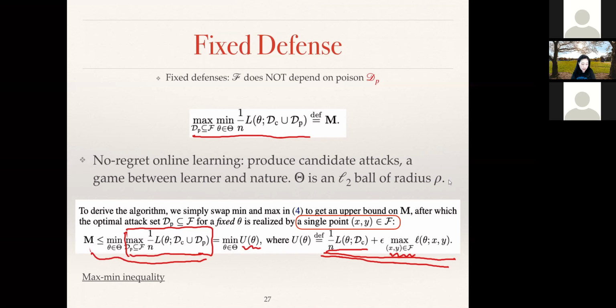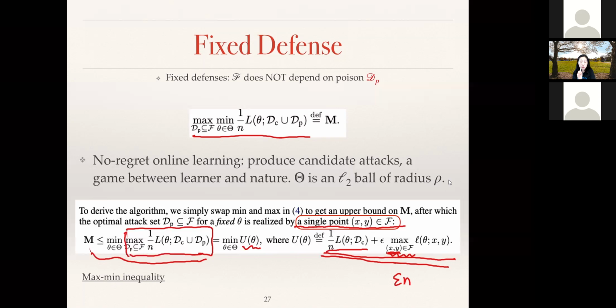Can someone tell me why there is a single point? Think about it. I have epsilon n such points that I'm allowed to inject. But this is saying that for all of them, it is going to be just one data point, x, y, that maximizes the loss. Do you agree? And if not, what do you think is a more reasonable way to do it? That's reasonable, right?